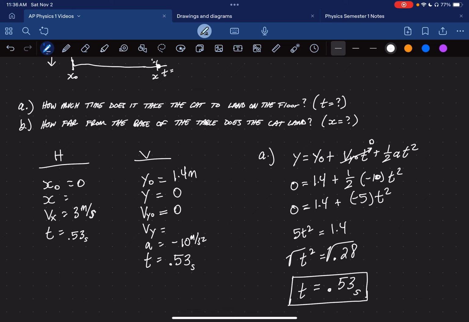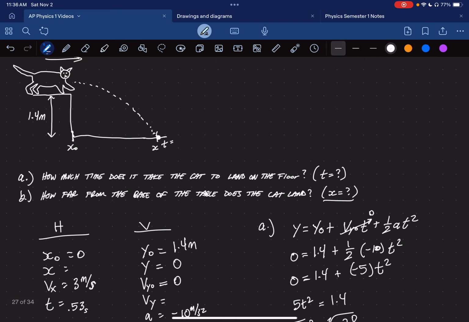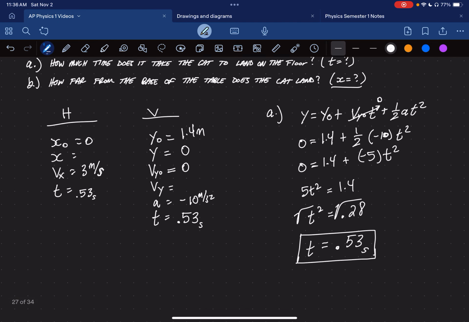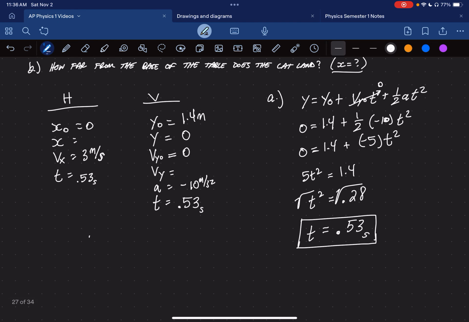Now we have 3 numbers in our horizontal list, and of course we want to figure out x next, how far Otis lands from the base of the table. And so for part B, we can use our horizontal equation, which is Vx times time.